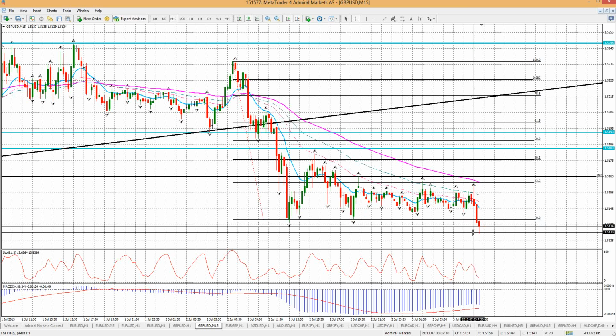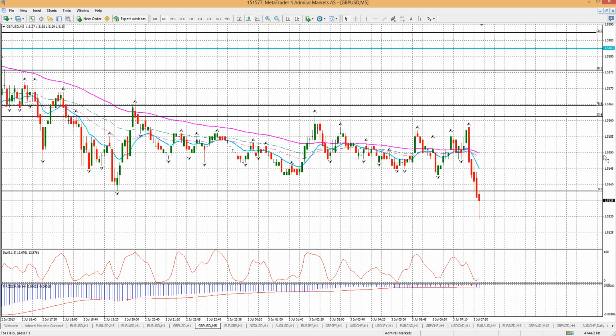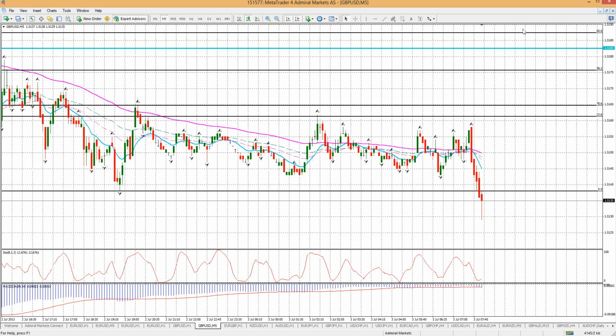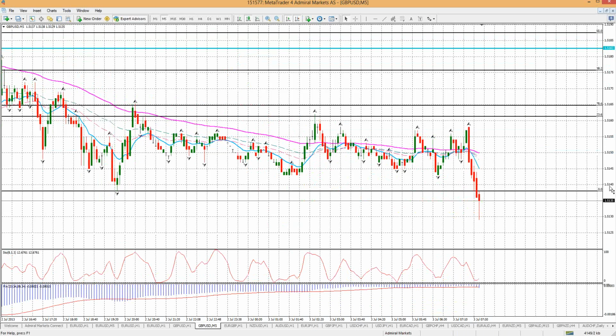Let's see. It is definitely potential. Let me see. All right, what I would do personally on the pound, if it stays, I'm not sure why this chart is blocked here.